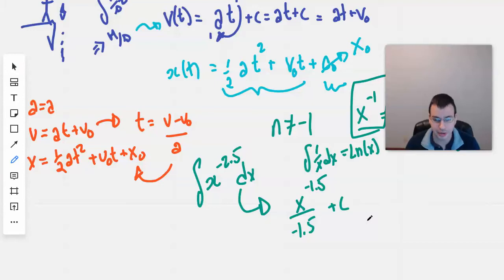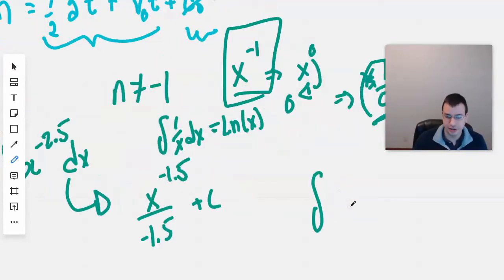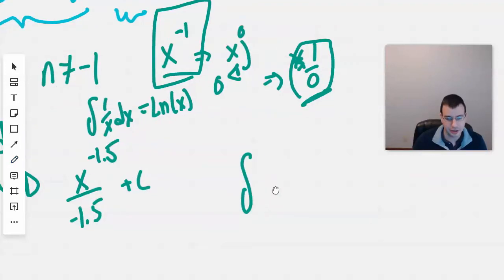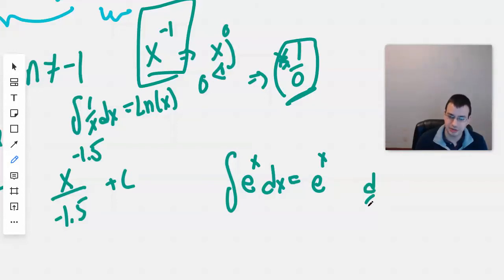Oh, one other thing I want to throw in. So we talked about natural log of x. This is going to seem very tangential, and it sort of is. It's one of those Easter eggs. So integral of e to the x dx equals e to the x, which you might have guessed because the derivative of e to the x equals e to the x.